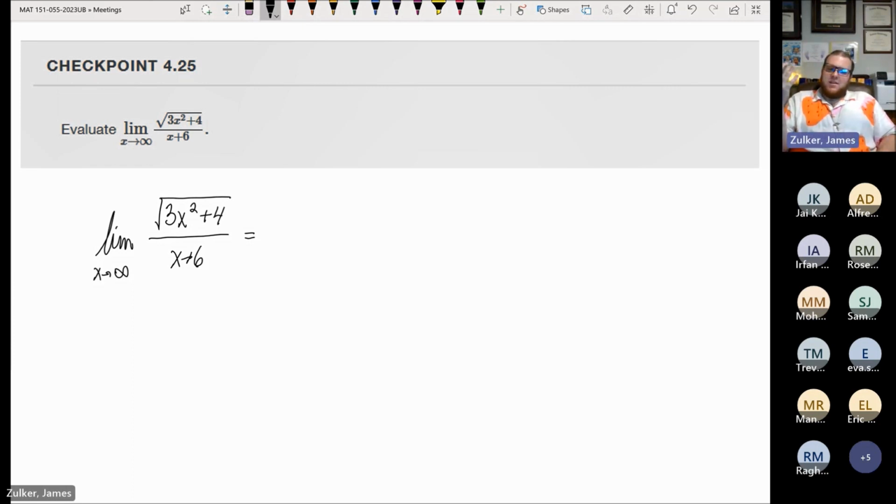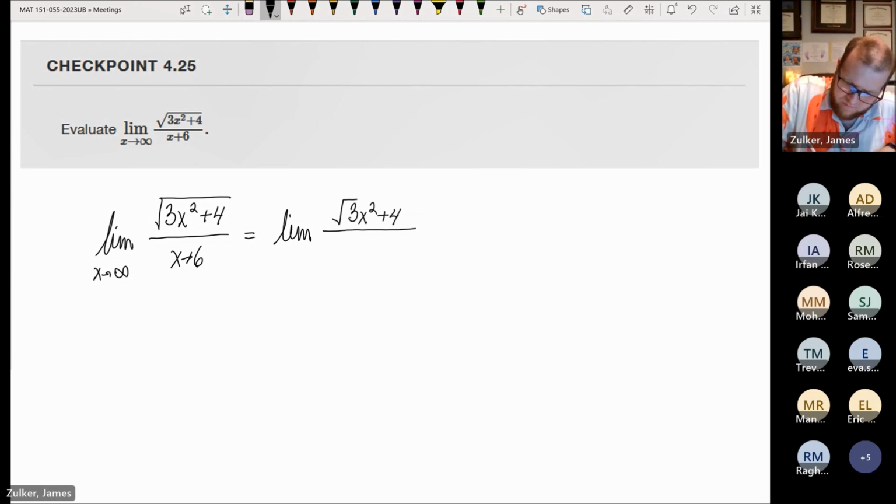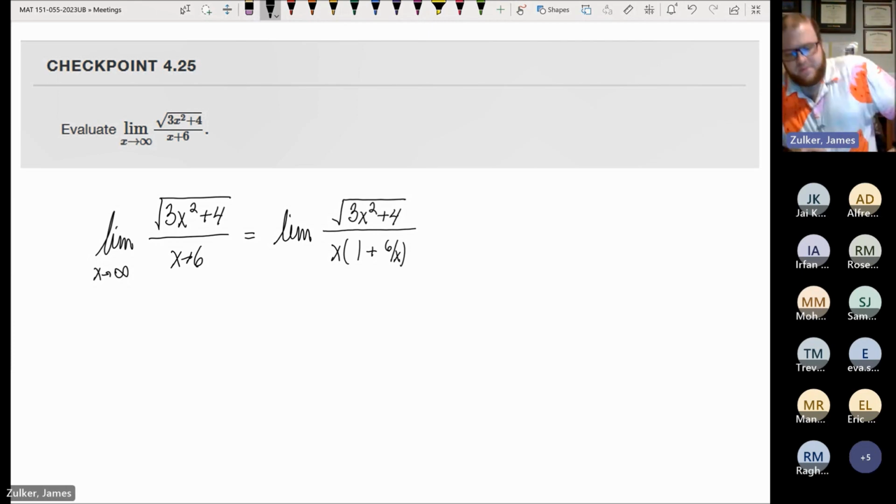Factor out the leading term of the denominator. Be left with 1 plus 6 over x.